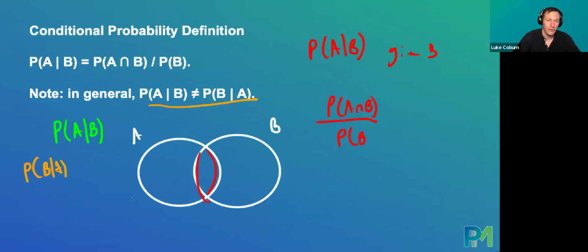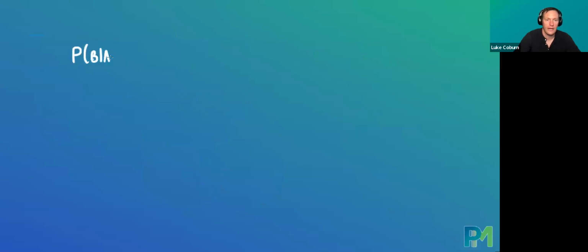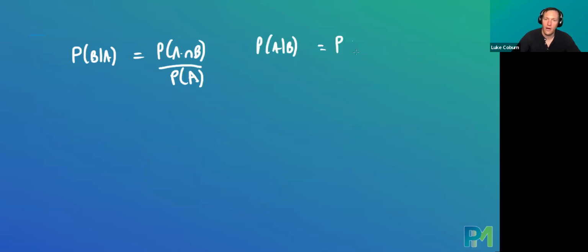Now, something that we can do, though, is take a new page to write it down. This may go a little bit off the course, but it's okay. The probability of B given A is equal to the probability of A intersection B over the probability of A. And the probability of A given B is the probability of the intersection over the probability of B. Just as it happens, we can observe that this term is in both.